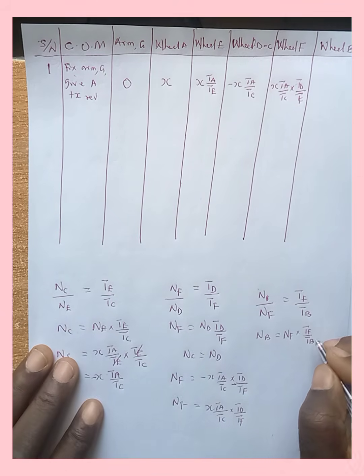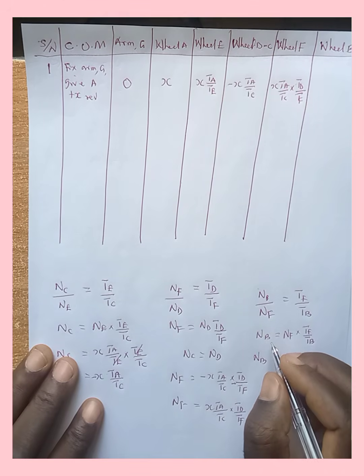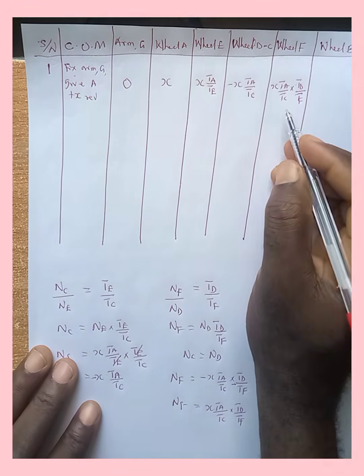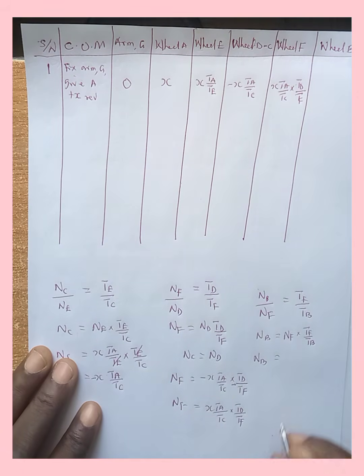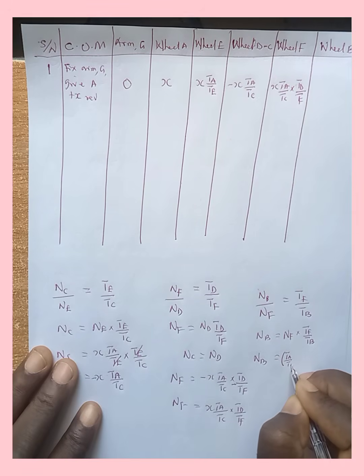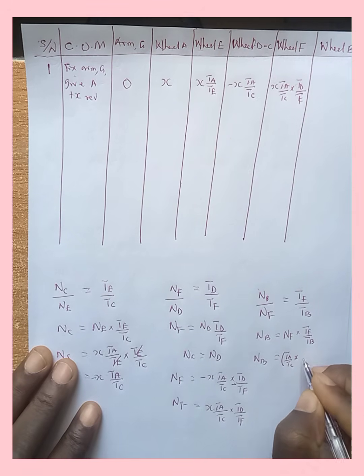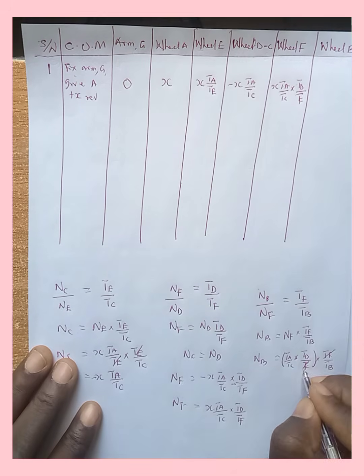Then we have NB is equal to, now we know our NF to be this. Then when we put this value here, we have TA over TC multiplied by TD over TF, then multiplied by TF over TB. TF will cancel TF.